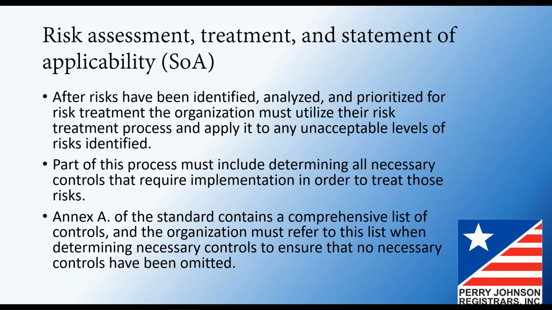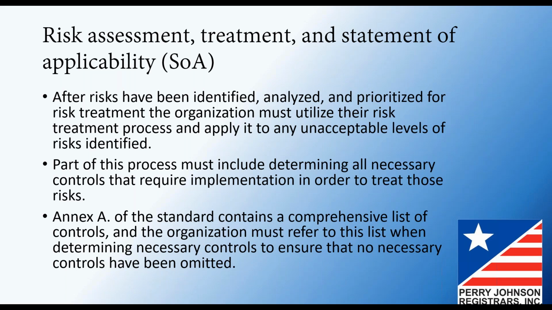And after you've identified, analyzed, and prioritized your risk treatments, you must utilize your treatment process in order to treat any risks that are above your acceptable level. Part of this includes determining all necessary controls that need to be implemented.